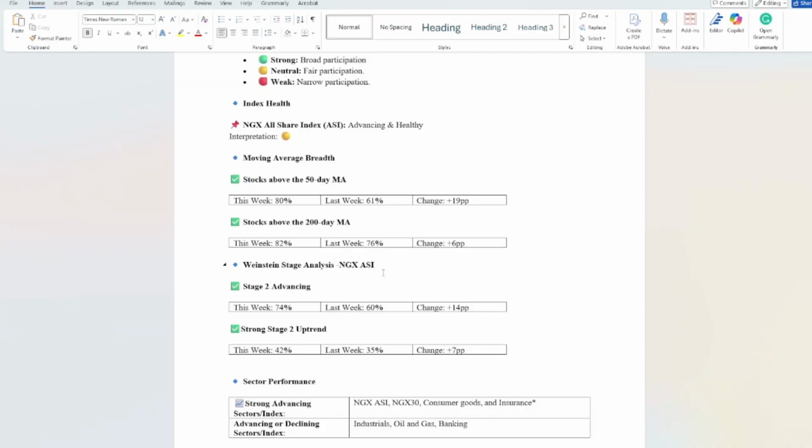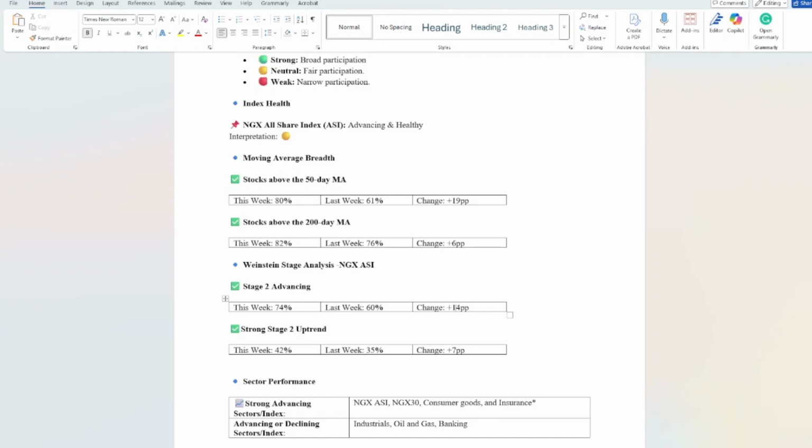We also make use of the Weinstein stage classification to understand how the market is advancing or not advancing. Again, we looked at the percentage of stocks within the NGX ASI that are advancing. You can see that the percentage of stocks that are advancing, which we tag in stage 2, increased from 60% to 74% this week.